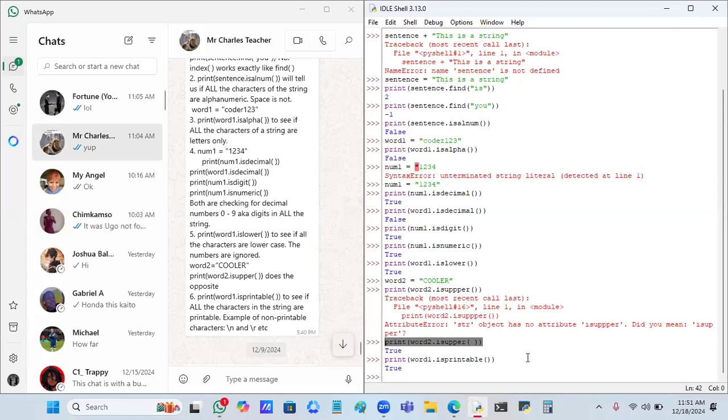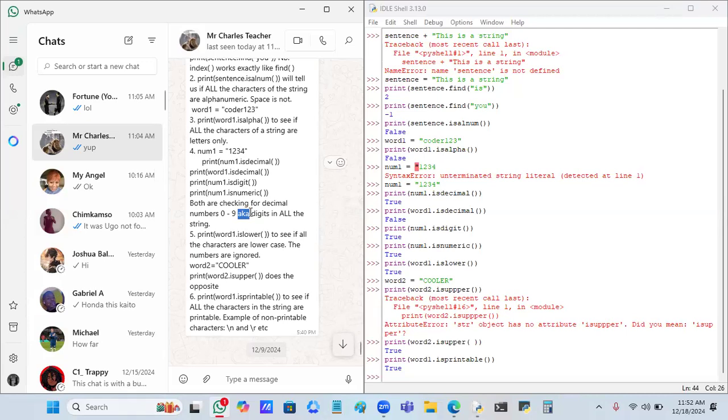And what does it mean by word 1 is printable? What are AKA digits? Here's AKA digits here. I didn't see it though. AKA. Okay, also known as. That's what it means.